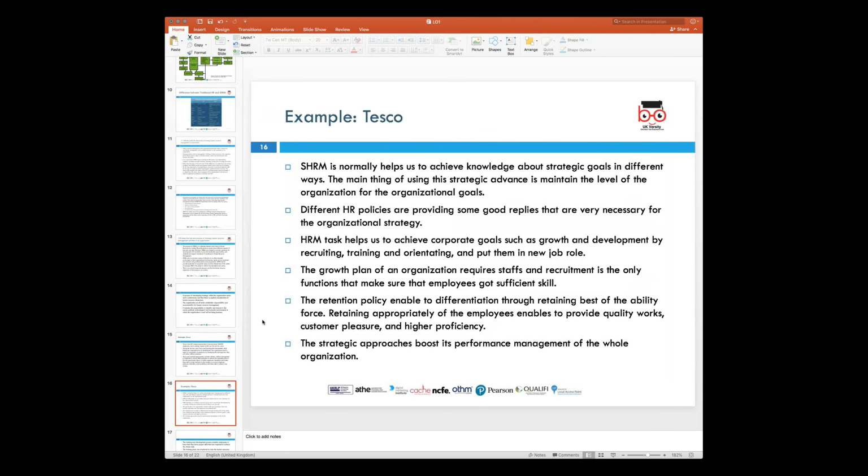Now, when we look at the functions of what Tesco would look at, from a strategic point of view, the HRM function is to look at building knowledge within Tesco as an organization, and this is basically looking at the Tesco Clubcard program, if you put it this way.